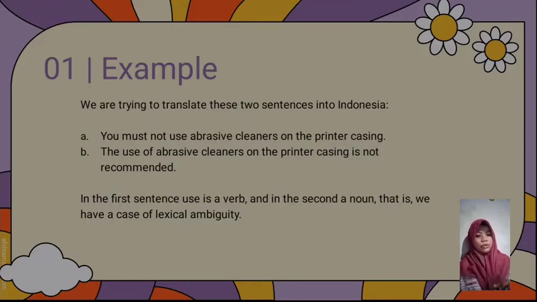The first is, you must not use abrasive cleaners on the printer casing. The second, the use of abrasive cleaners on the printer casing is not recommended. From these two sentences, we can see the same key word, that is use. In the first sentence, use acts as a verb, and in the second sentence, use acts as a noun.